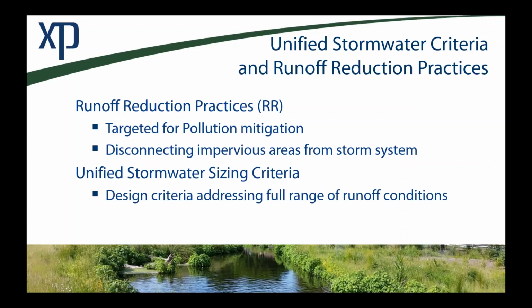The important part here is that we're looking at the entire range of rainfall. The very minor events are where we're going to have the most polluted runoff occur. That's the runoff reduction, the first water quality volume component. But then everything else, all the way up to 100-year or more events, is going to be defined. Then we get into those higher events: channel protection, overbank, and extreme flooding protection events, that 2 through 100-year event range.